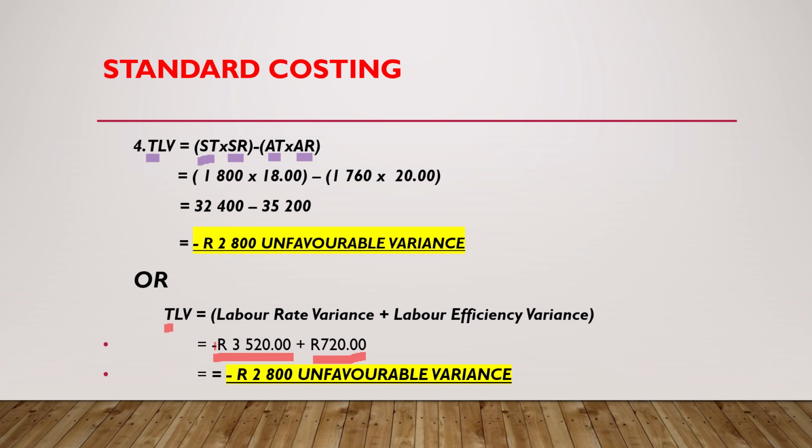As you can see, the negative number is bigger, so the answer will be negative. Negative 3,520 plus 720 equals minus 2,800 unfavorable variance. You see the answer here is the same as this one. So it depends on the information given to you when you calculate total labor variance, whether to use this one or this one.